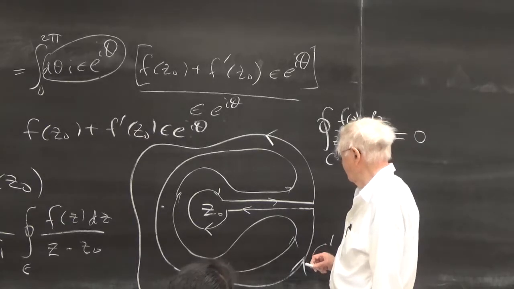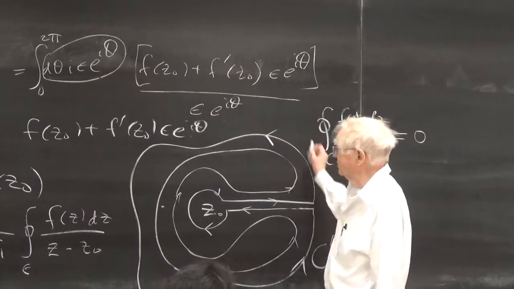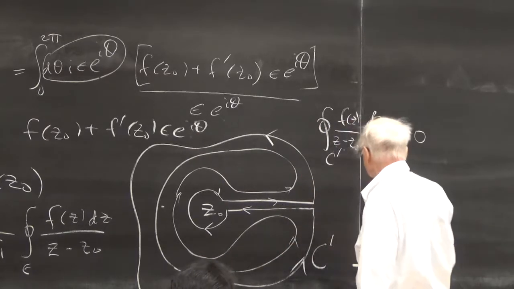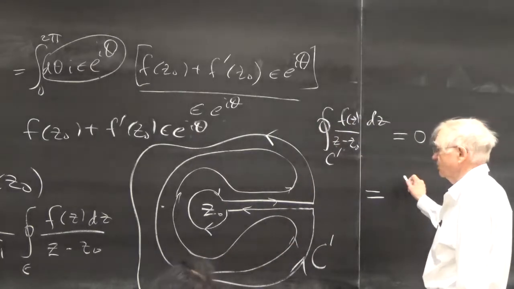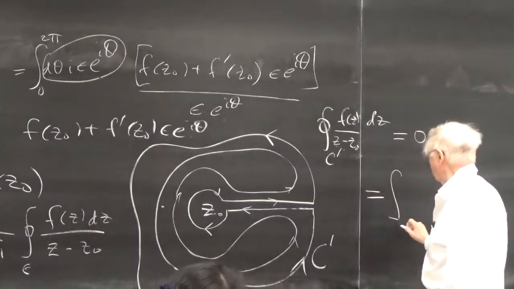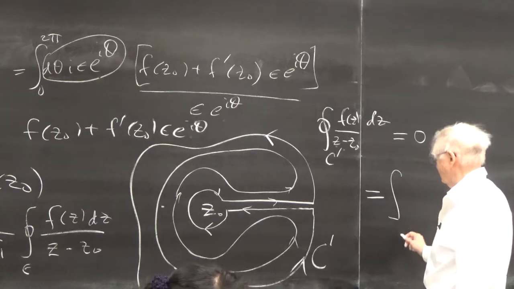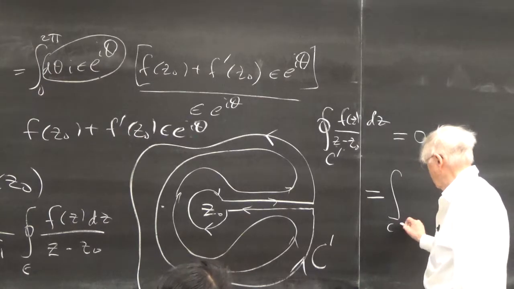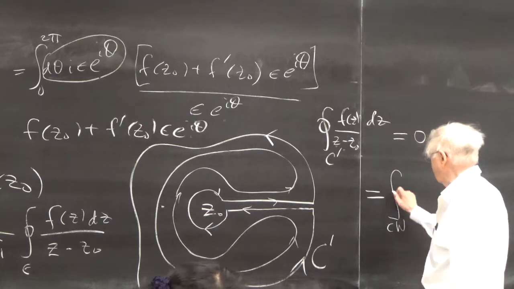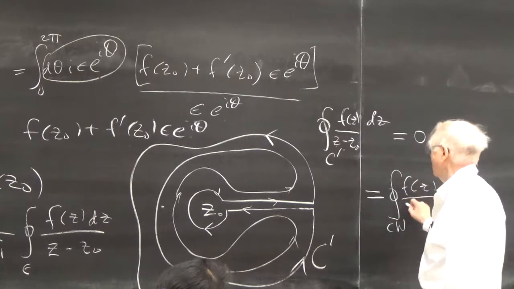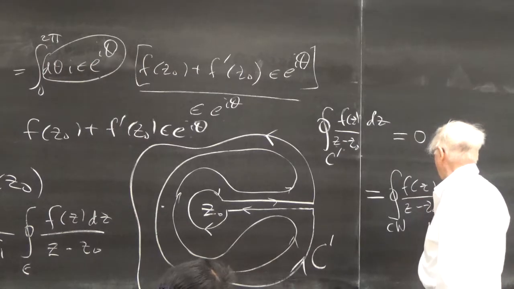We're left with an integral around like that. So this is then equal to a clockwise integral of f of z over z minus z0 dz.